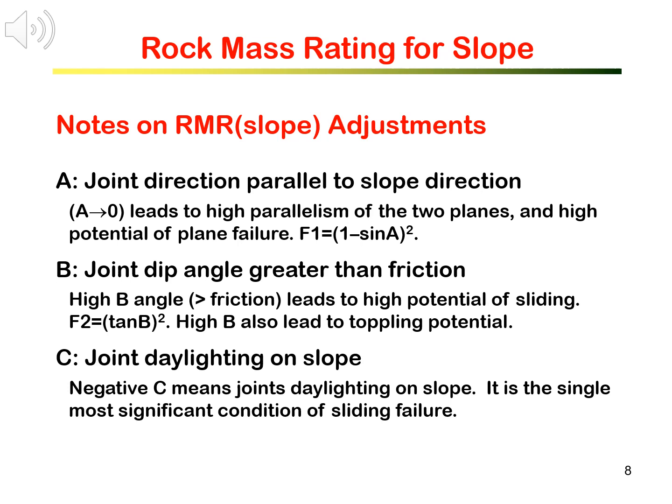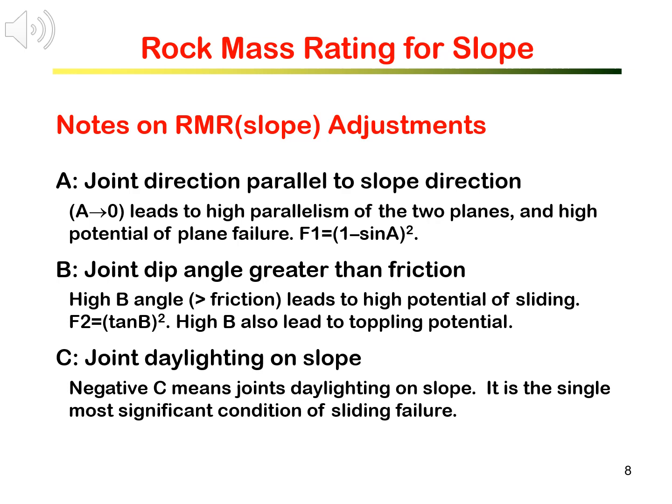If A is approaching 0, it means high parallelism of the two planes and a high potential of plane failure. It is also possible to estimate F1 using the equation F1 equals (1 minus sine A) squared.